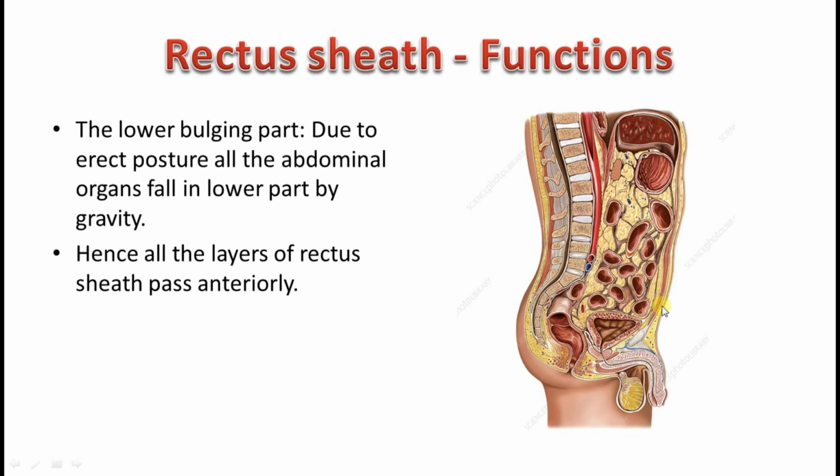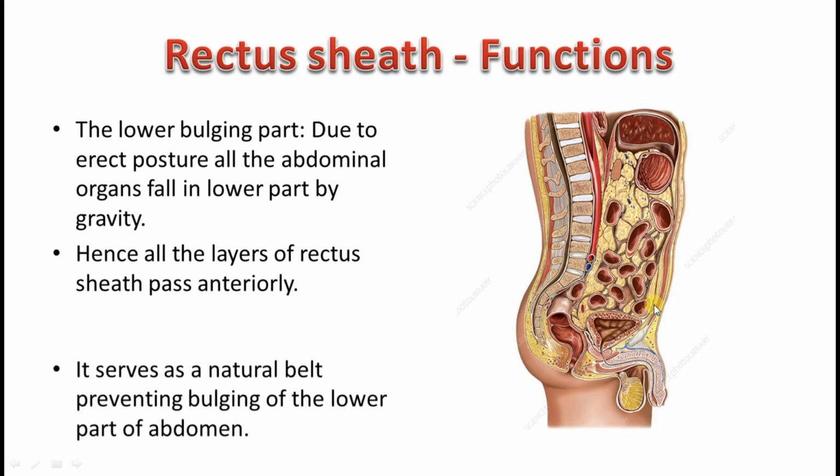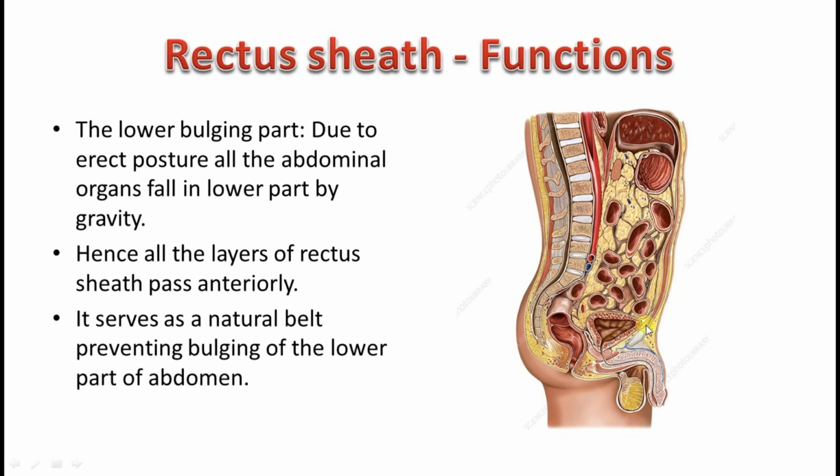The anterior wall of the rectus sheath in the lower part is actually strengthened. If this wall is thicker here, it will restrict the movements of the coils of intestine, or bulging, to some extent. So these two aspects are to be borne in mind, and that is why the thick anterior wall in the lower part serves as a natural belt, preventing abnormal bulging.